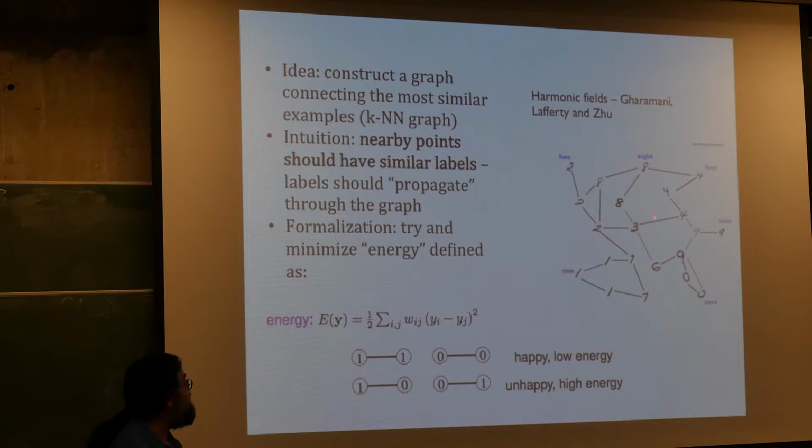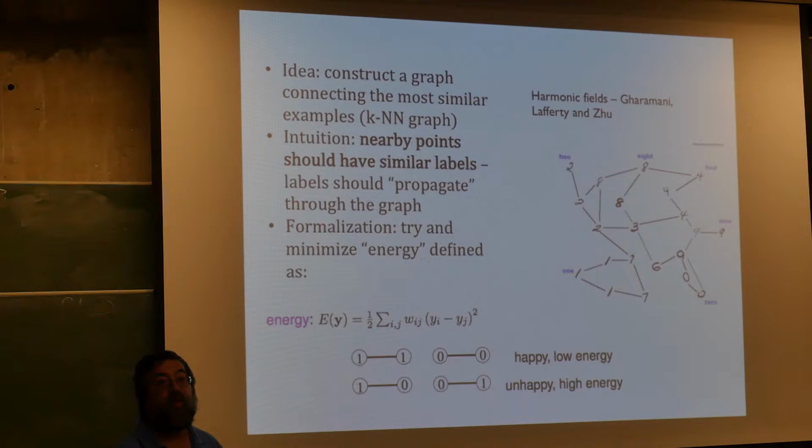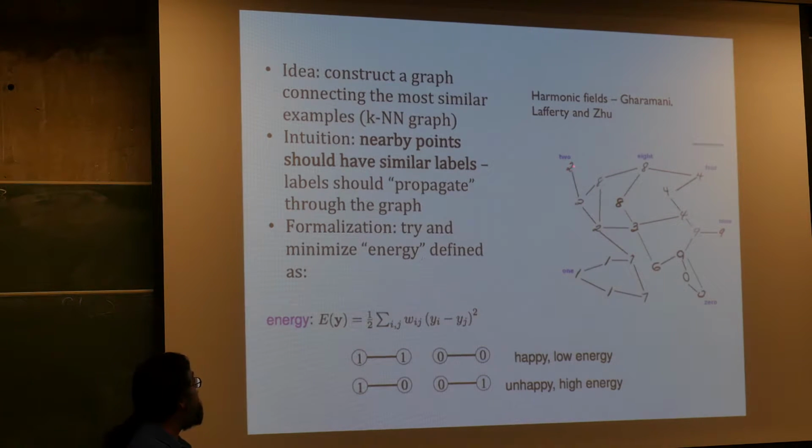Often these edges will be weighted, so the similarity score between 2 things will be the weight on that edge. The basic principle is that if you have points that are nearby in a graph, then they should have a similar label. So we know a few of these labels, and the ones immediately close to those, we can say with some degree of confidence should probably have the same label as the thing they're very close to.